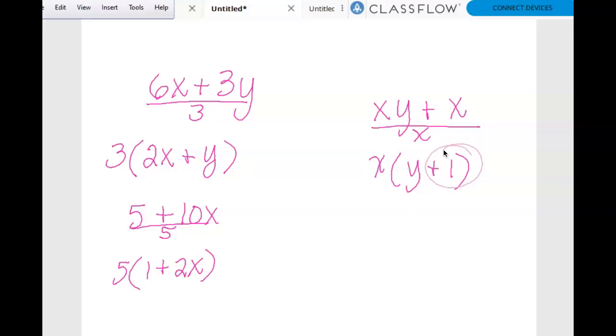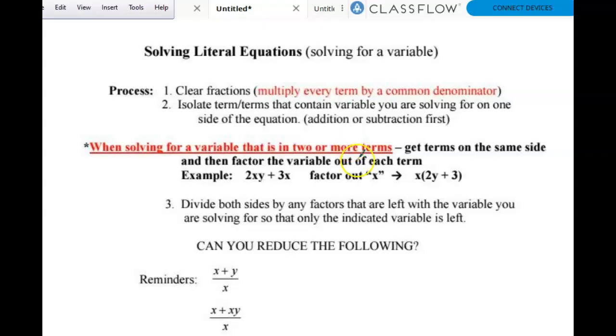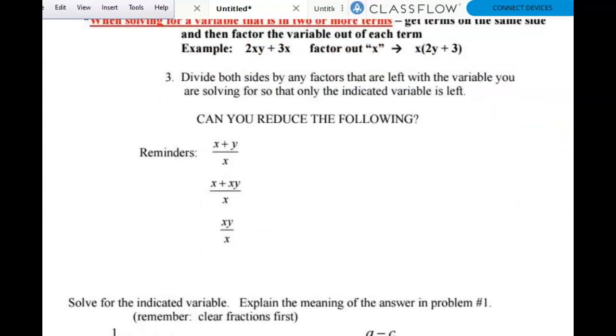All right, let's go to the notes. So on the top of the notes, at your tables, decide which of those you can reduce.